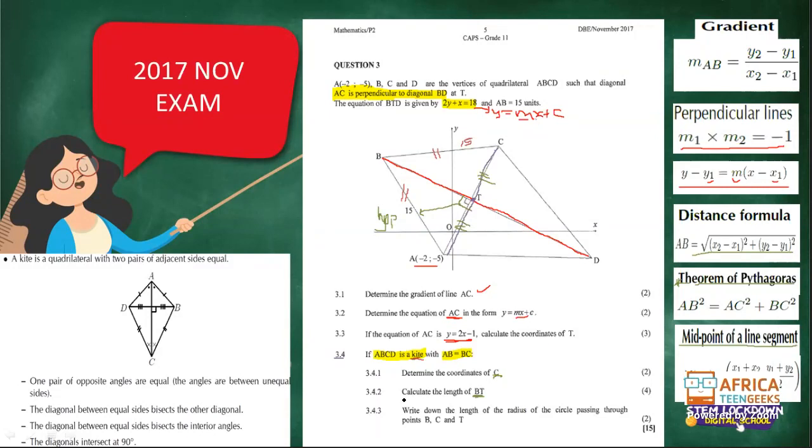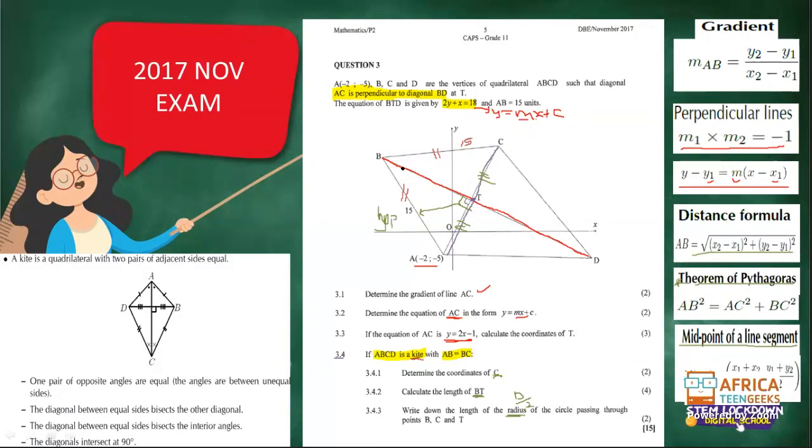All right. And then for the last question, you were supposed to get the radius. And we know that the radius is the distance from the center of the circle to the circumference, or it's the diameter divided by 2.